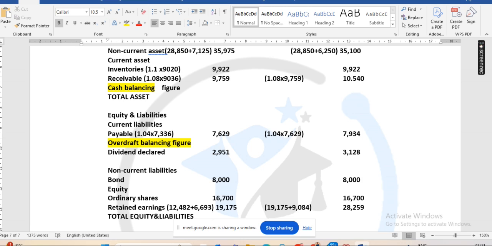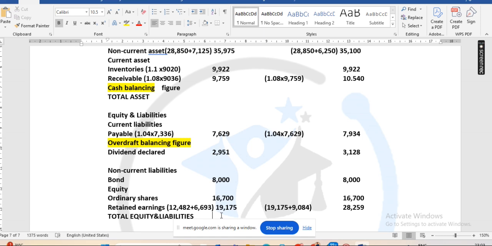So now, total equity and liability. This is your equity, and this is your total asset here. Now, we need to get a balance. We want to know the balancing figure, whether we will have an overdraft or a cash balance at the end of the period, because that is the objective.